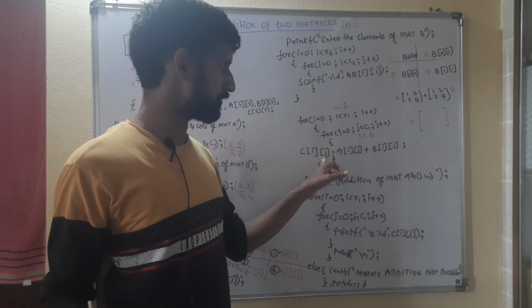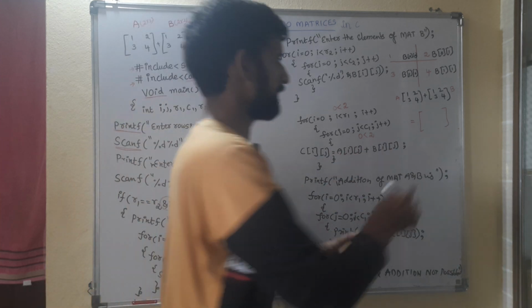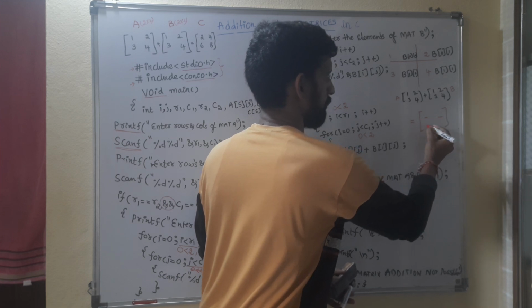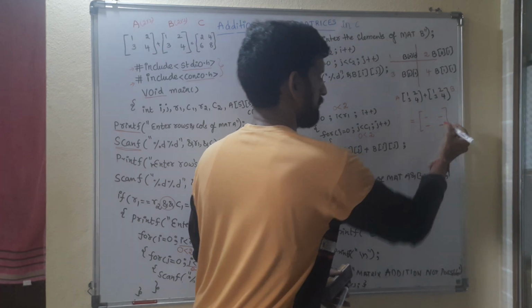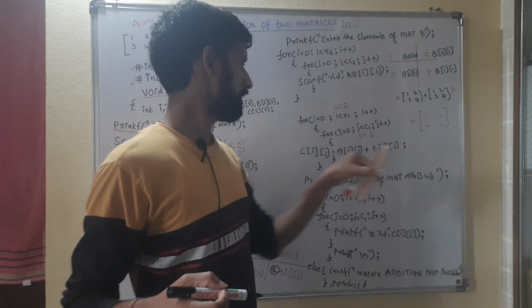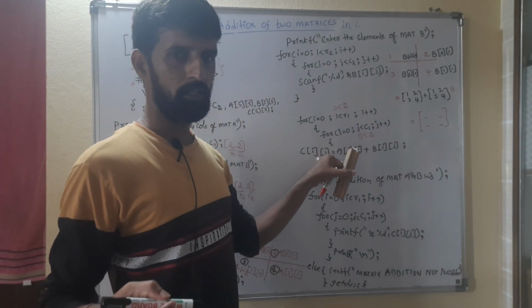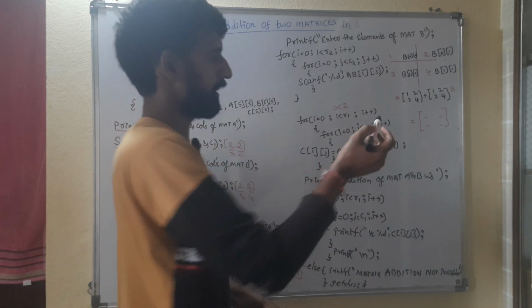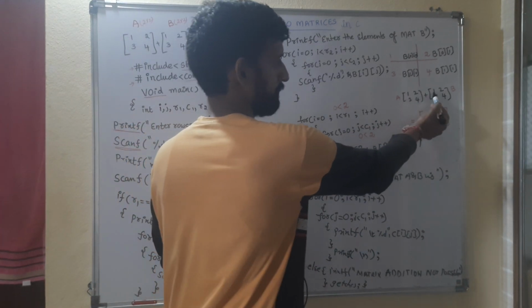Then yes, this part is called C of 0 0. This part is called C of 0 1, C of 1 0, C of 1 1. So now we are going to find out this value. C of 0 0 is equal to A of 0 0 plus B of 0 0. A of 0 0 is 1, B of 0 0 is 1.